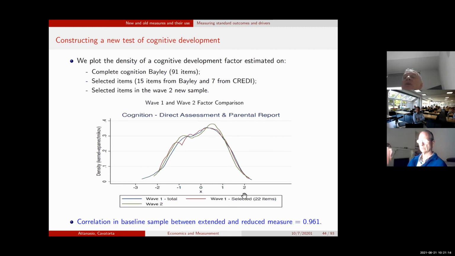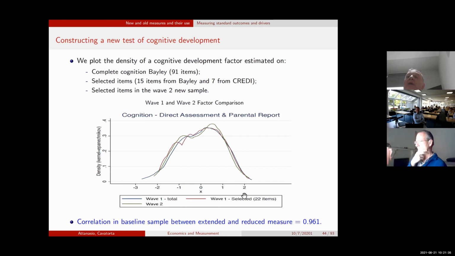And now you do factor analysis in the first wave on the same children using the entire 91 items or using the selected items. Two of the 3 curves there are the distribution of the factor with these 2 strategies. You can see that they're very, very similar.